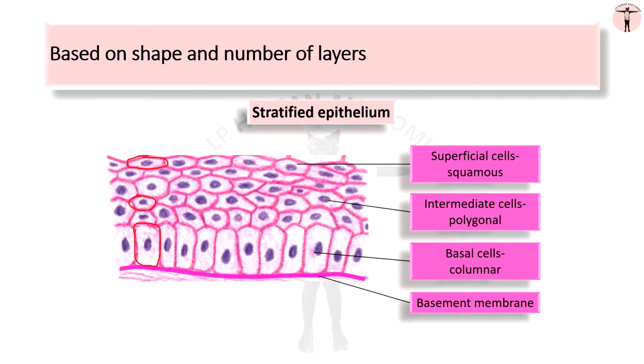So in naming an epithelium as stratified squamous, it should consist of more than one layer of cells, which is seen here, and the surface layer of the cells should be squamous, to name it as the stratified squamous epithelium.